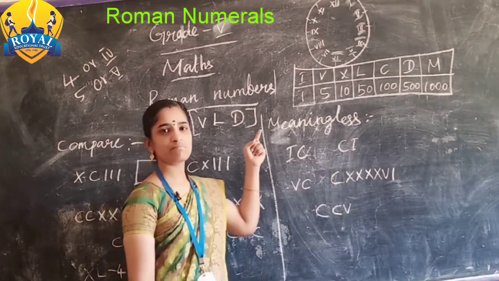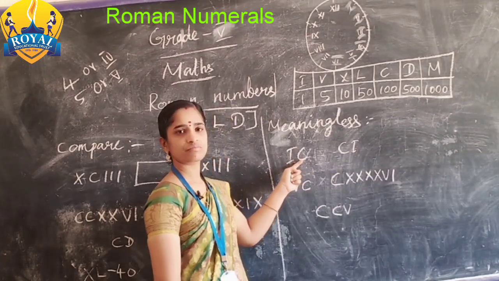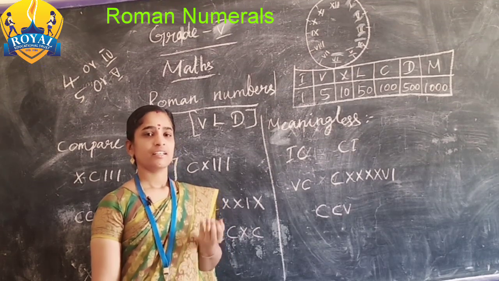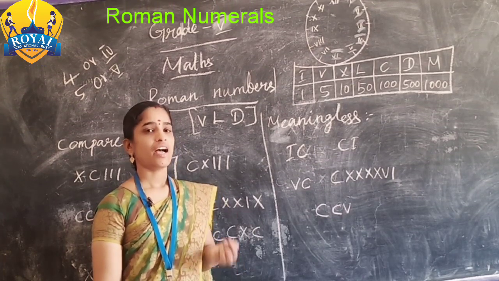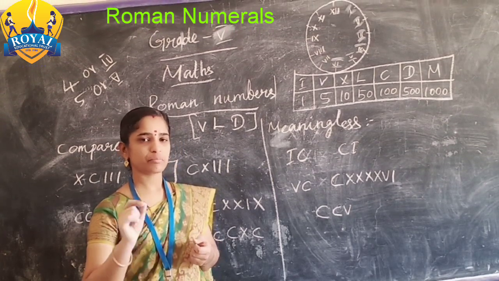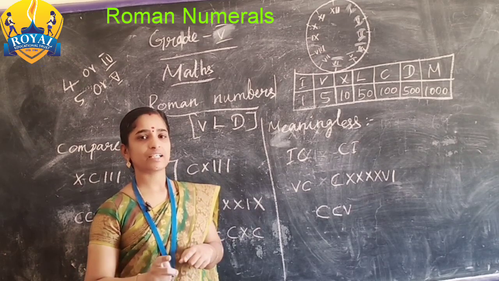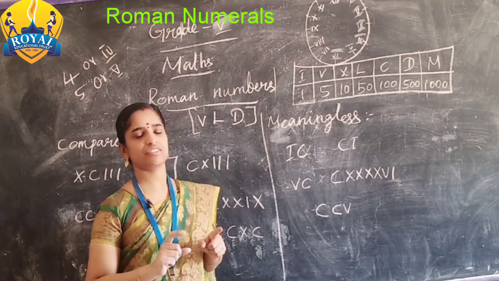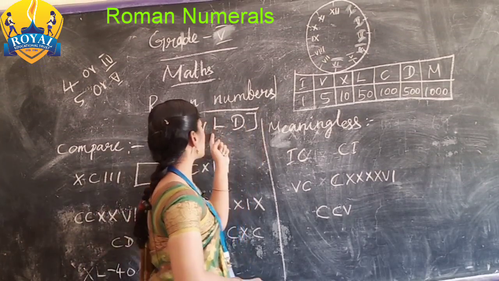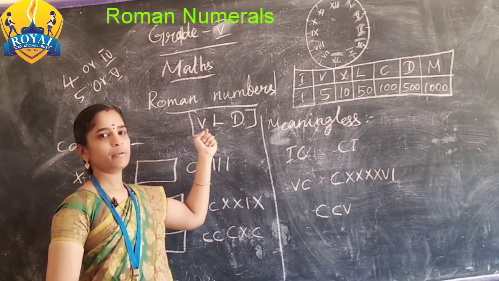The next one is meaningless. Already I told you, L, C, D cannot be subtracted, and no numeral can be repeated more than 3 times. Don't forget, V, L, D are never subtracted and cannot be repeated.